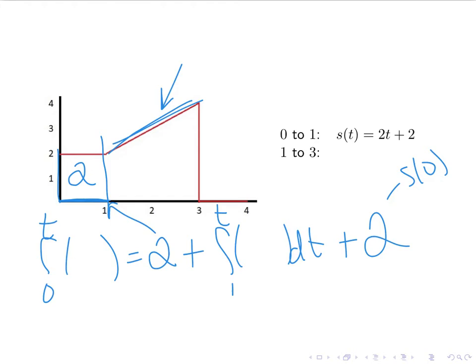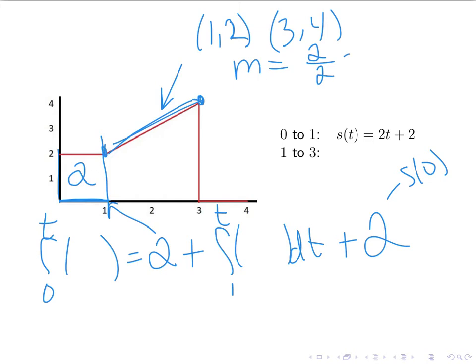So we need to figure out this equation here, and just like before, we're going to use the fact that we have 2 points on a line. Our first point is 1, 2. Our second point is 3, 4. So the slope is the change in y's over the change in x's. The change in y is 2. The change in x is also 2. So the slope is 1. Then I'm going to use my point to find b.